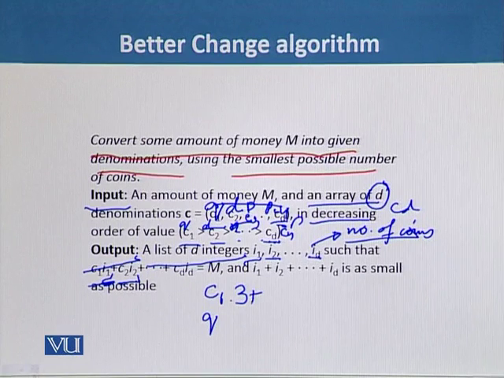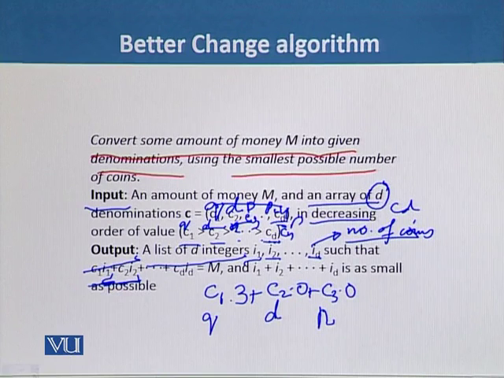Then we add the value of C2 I2, where C2 is dime, and we remember that we didn't get any coin of dime. Then we add C3 and I3, the number of coins, where C3 is nickel, and we got no coin.